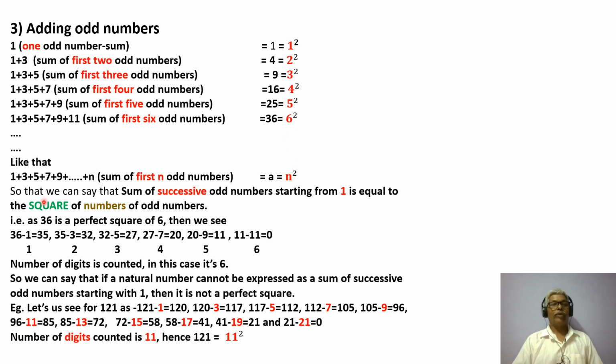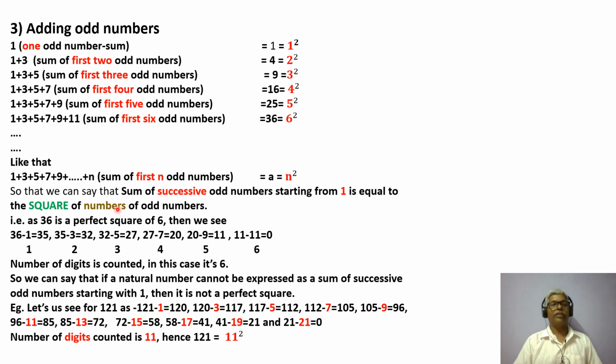So we can say that the sum of successive odd numbers starting from 1 is equal to the square of the number of odd numbers. How many numbers have you added? You square it and you get this addition. That is the meaning of this.